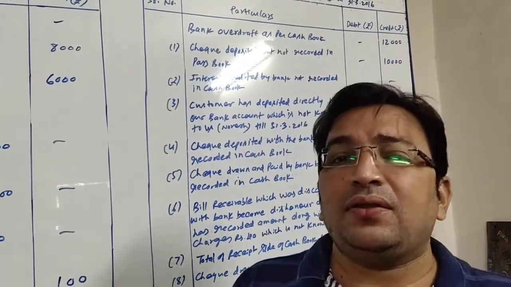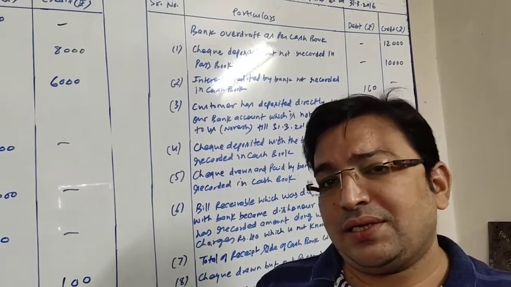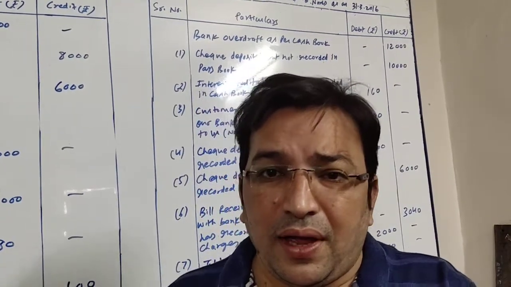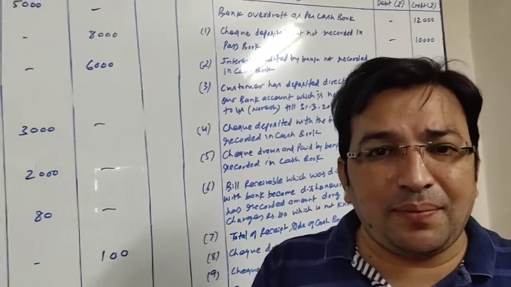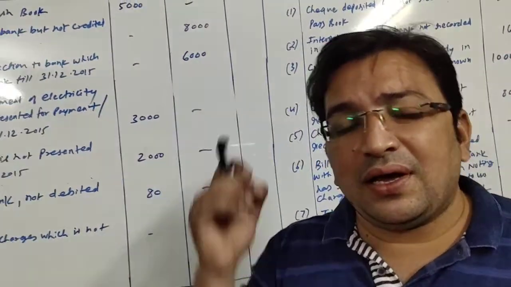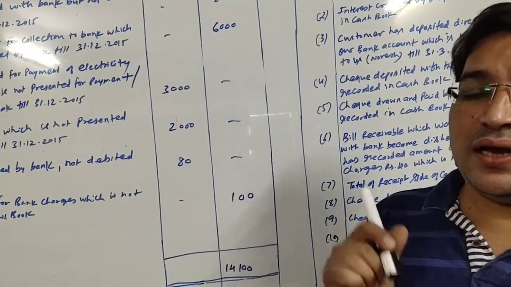So obviously on 31/12 our balance will differ from the balance as per passbook, right? Because as and when we deposit a check in the bank, we record it in our cash book, but the same is not recorded in the bank. So we need to record this, right?